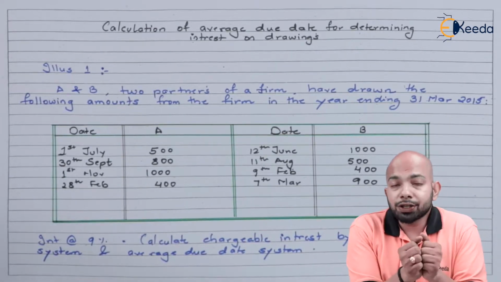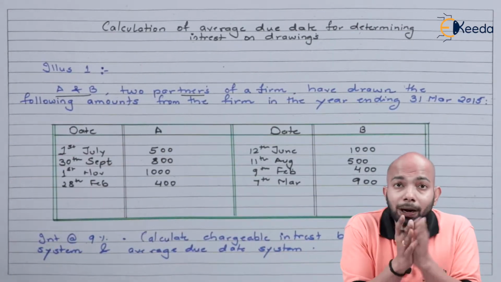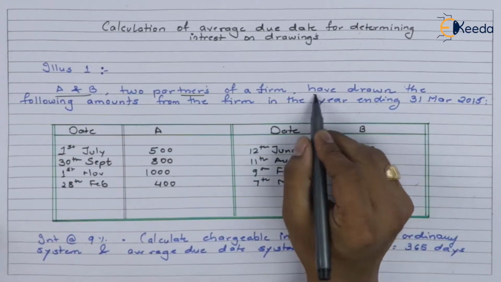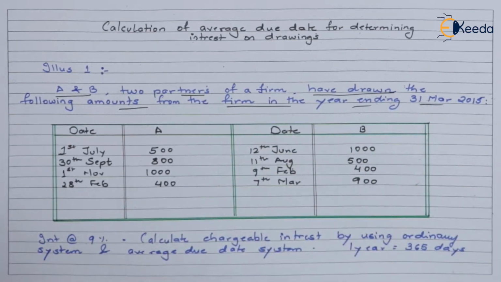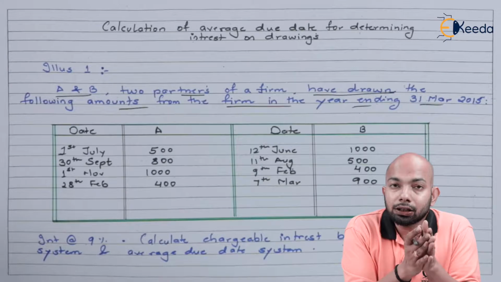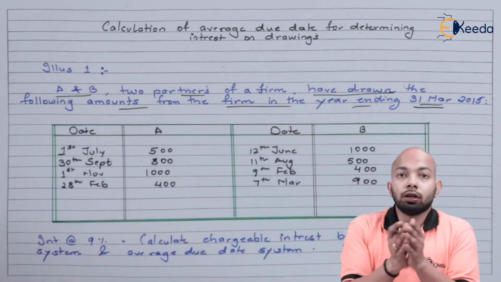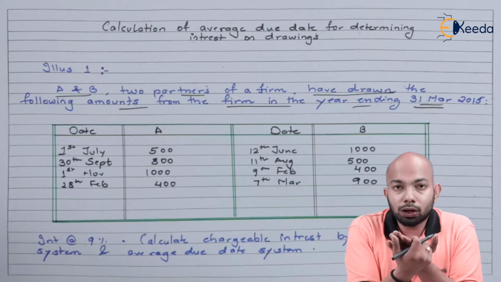So the question has been mentioned for your reference. A and B are two partners of a firm. They have withdrawn certain amounts from the firm in the year 2015. The closing of the year is 31st of March 2015.